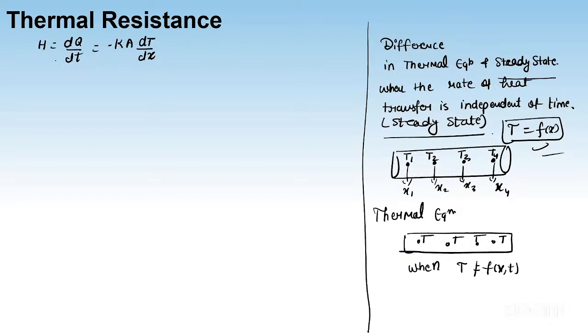Now in the steady state we can say H is equals to minus, or if we remove this minus it will be kA delta T by L, isn't it? So H here is nothing but kA upon L into delta T.